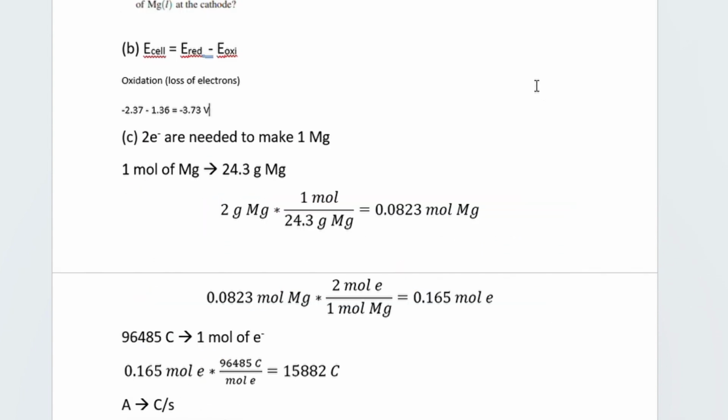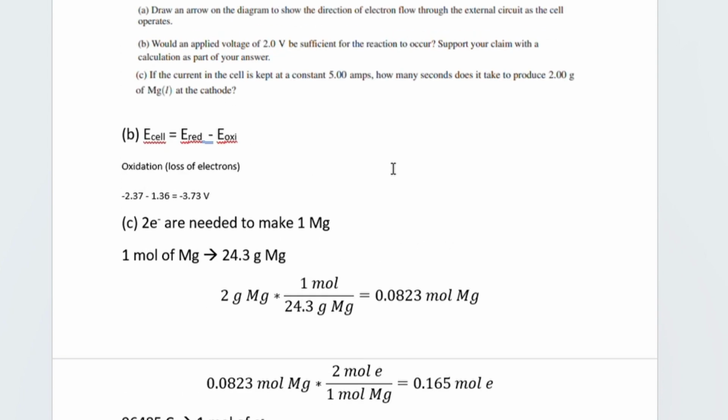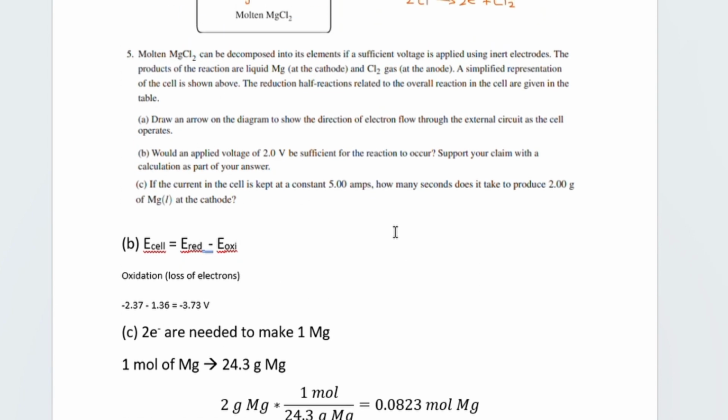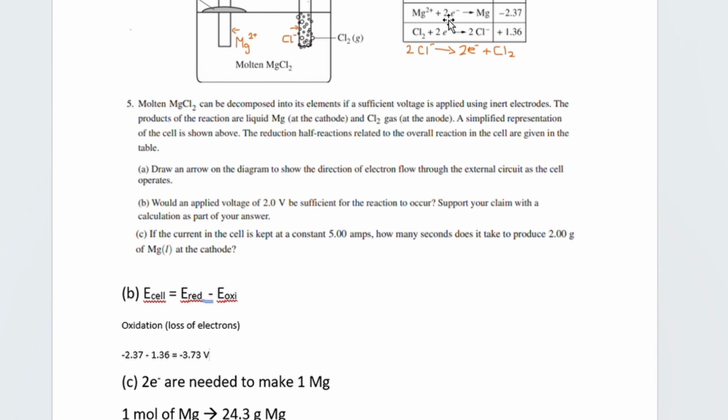Now we have been given the current supplied, and we have to collect 2 grams of magnesium. So if we look at these equations up above, 2 electrons are needed to make 1 atom of magnesium following this half reaction. Or if we translate it into moles, 2 moles of electrons are needed to make 1 mole of magnesium.